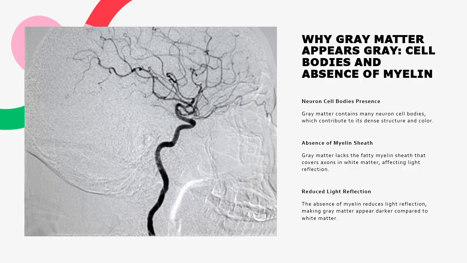Gray matter appears gray because it contains numerous neuron cell bodies and lacks the fatty myelin sheath that covers axons in white matter. So this unmyelinated really is a big role. This absence of that myelin reduces light reflection, giving gray matter its darker color.